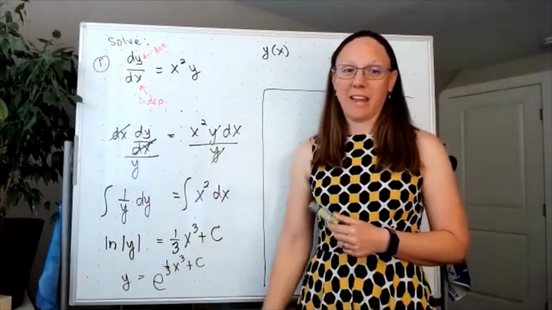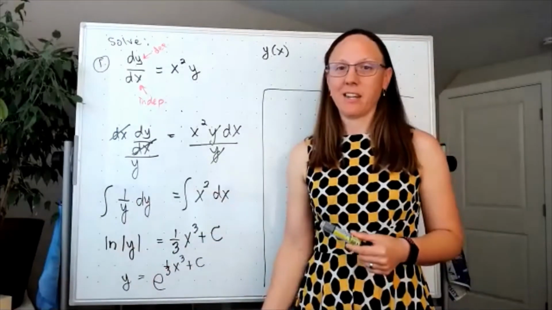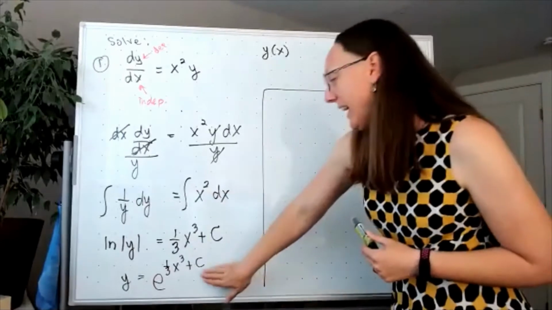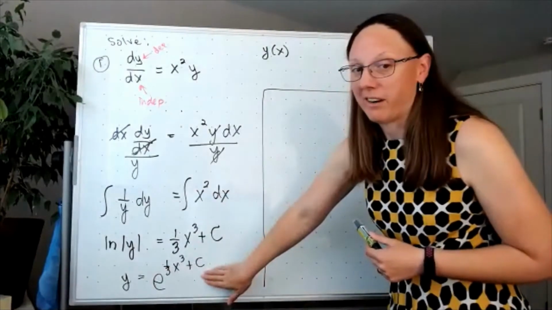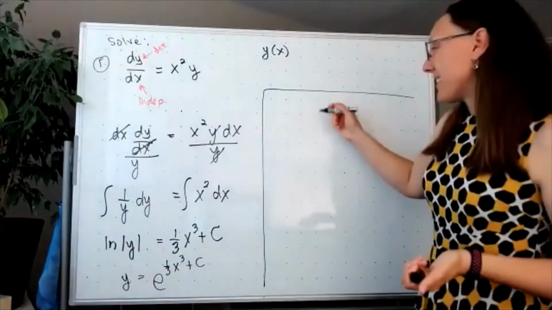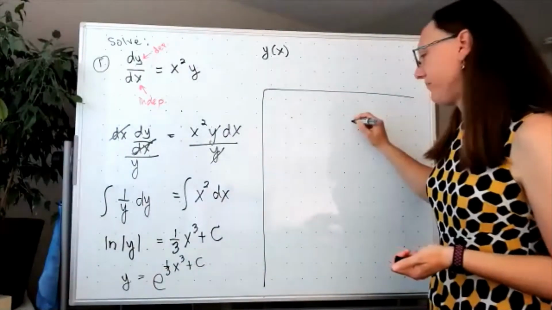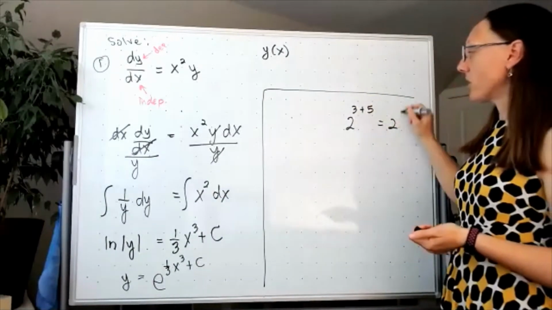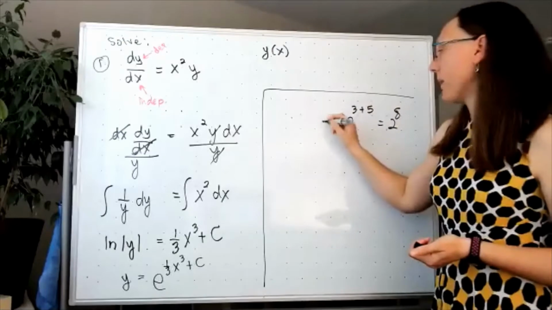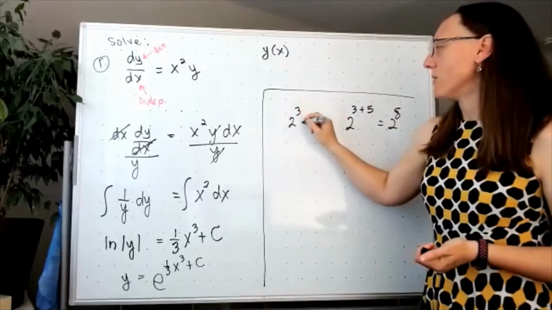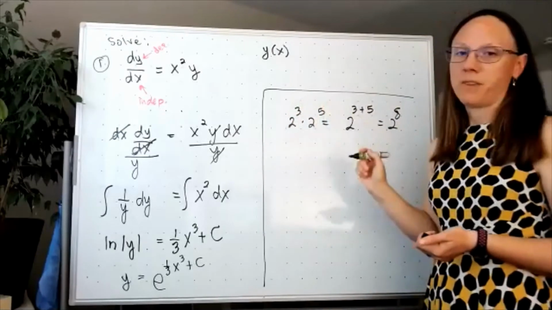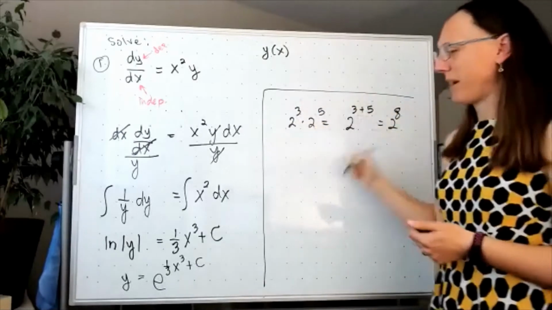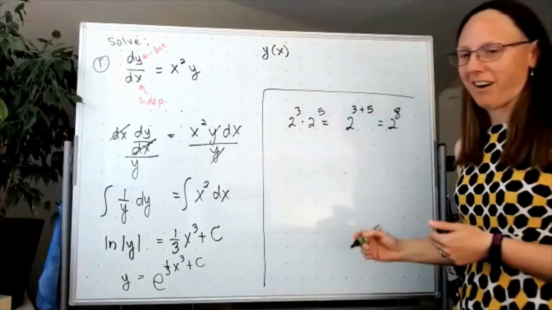We didn't really do anything with that absolute value piece of it, but we can correct for that if we do some algebra over here. If I had something like 2 to the 3 plus 5, that is certainly 2 to the 8th, but it was also 2 cubed times 2 to the 5th. And it's this version of that same idea that I want to apply down here.